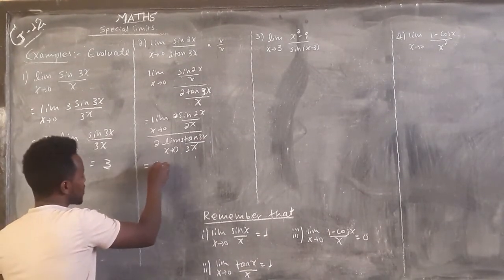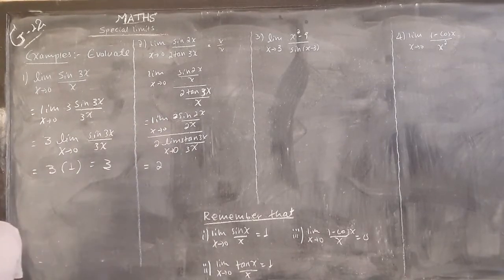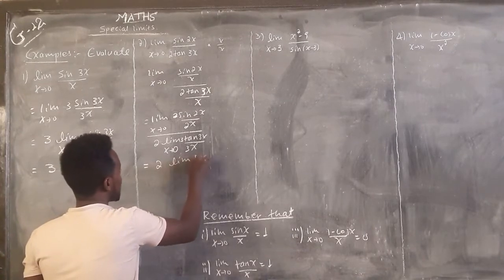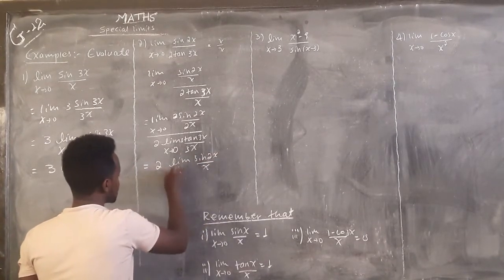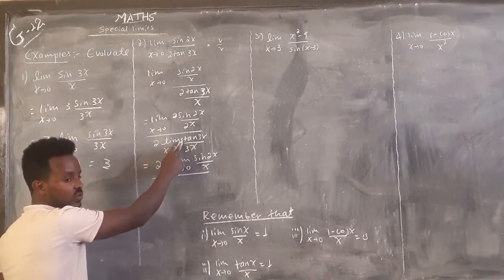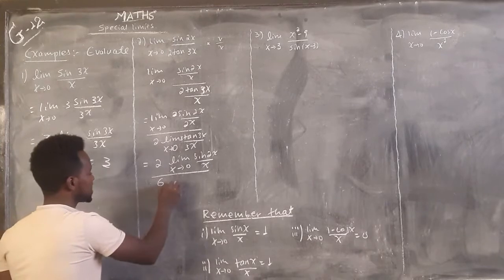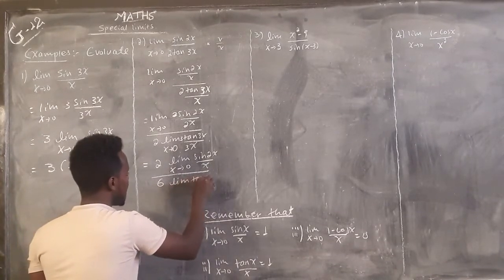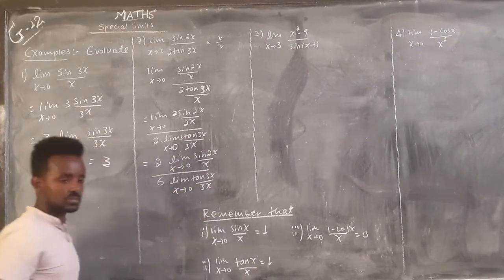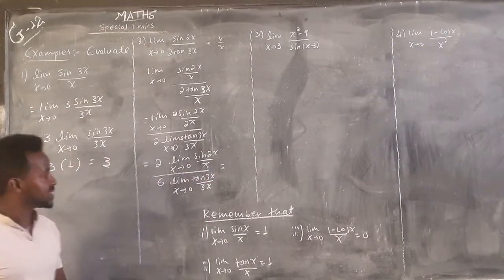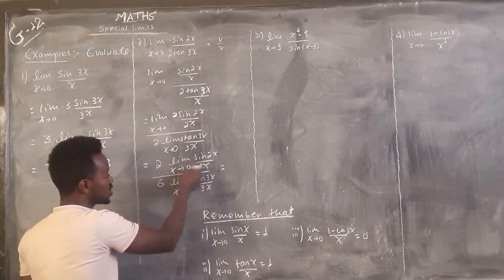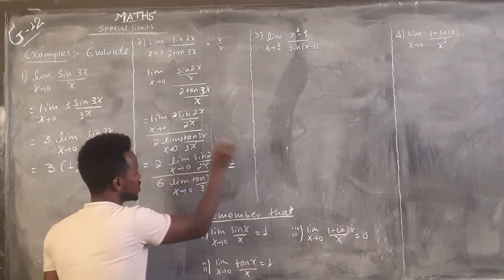So this is 2, which is a constant number, and limit of a constant number is the constant itself. Limit of sine 2x over 2x as x approaches 0 over, here we have 3 as a constant number, 3 times 2 is 6 times limit of tan 3x over 3x as x approaches 0. We already proved that limit of sine 2x over 2x as x approaches 0 is 1. 1 times 2 is 2.